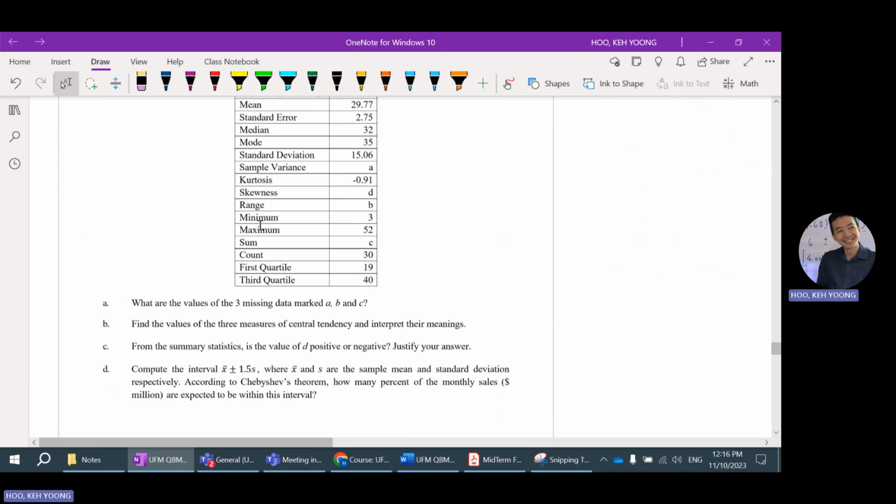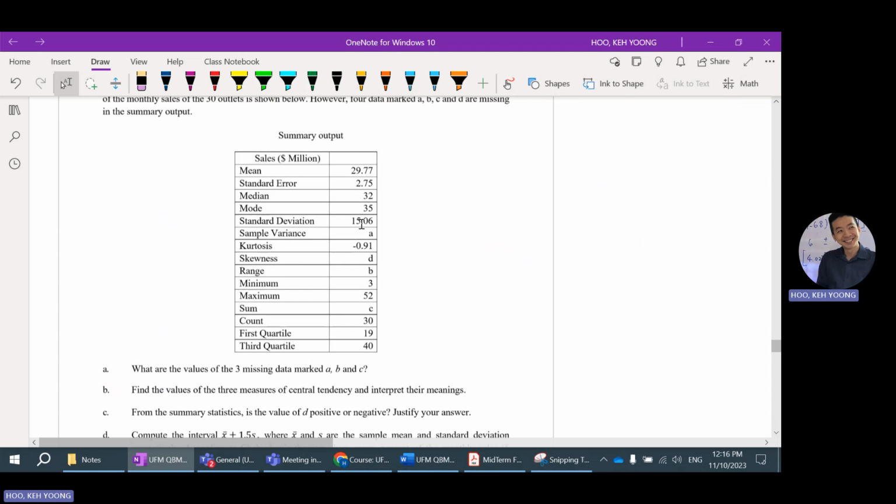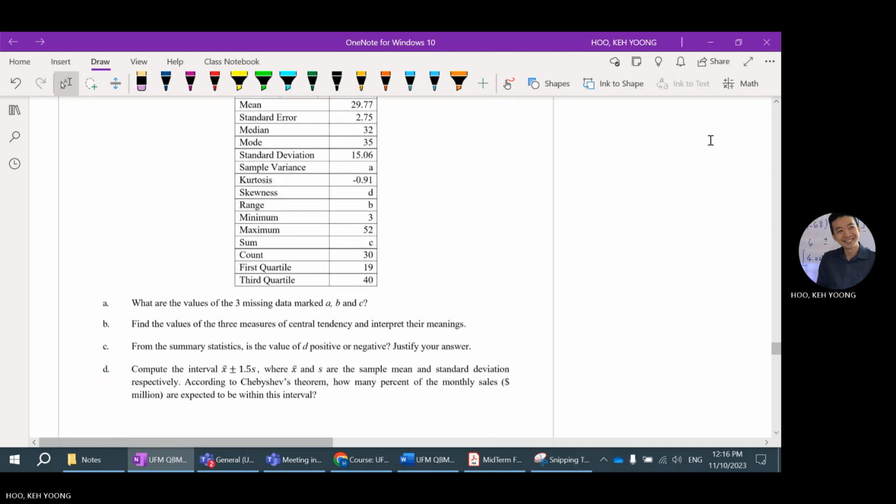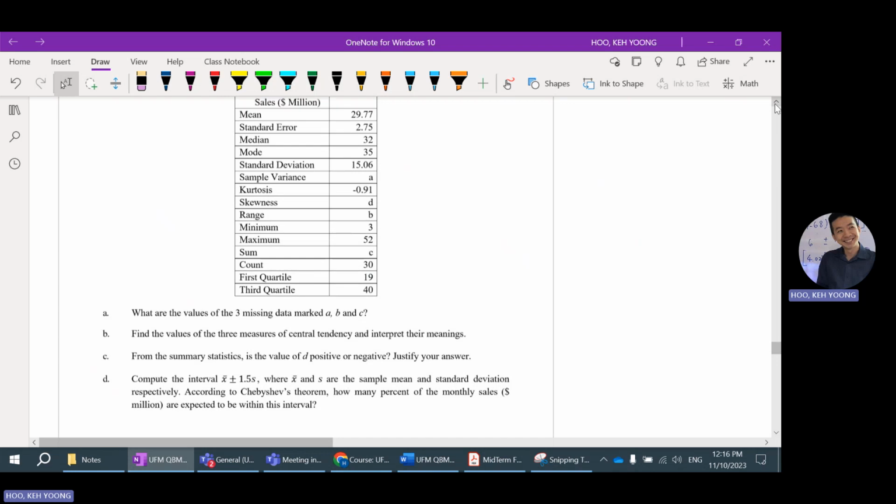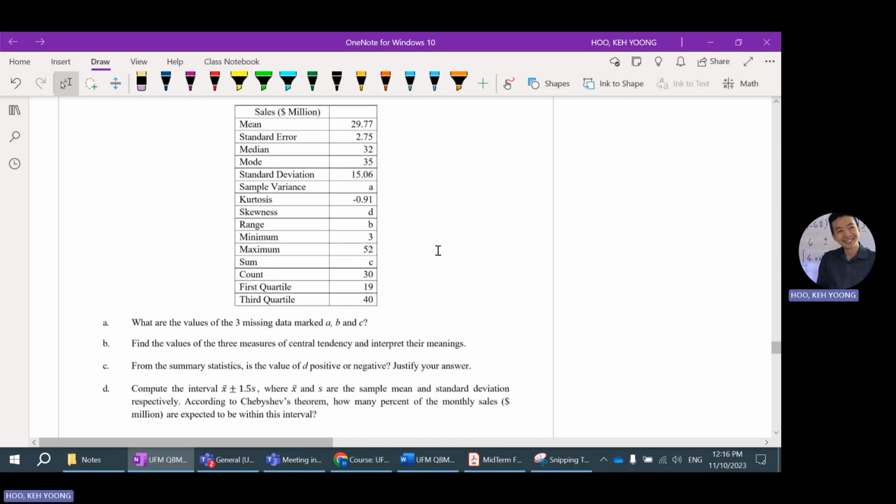Okay, question two. Have you learned these summary outputs? Have you gone through the values in it? Yes. Okay, you try it now, and I'll walk around and see whether you have any questions.